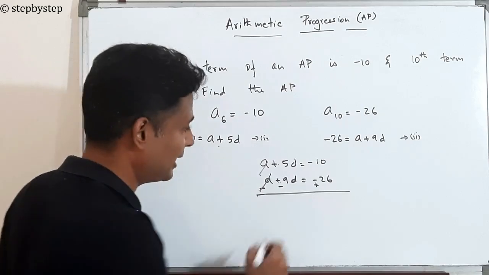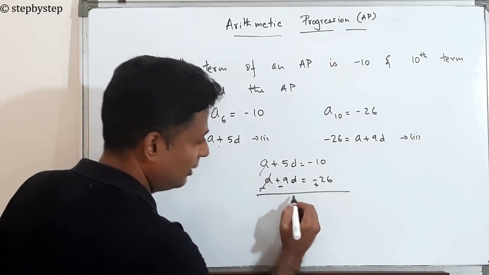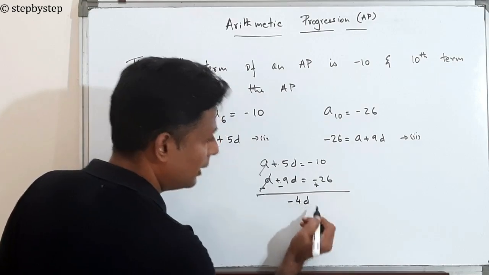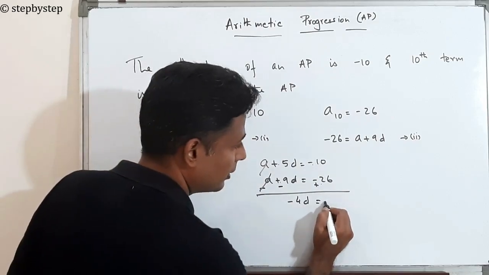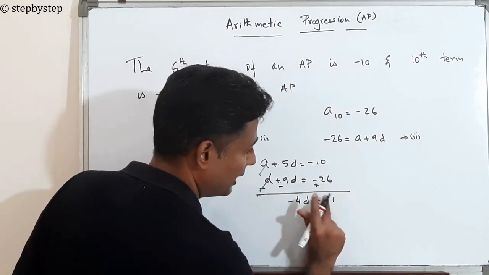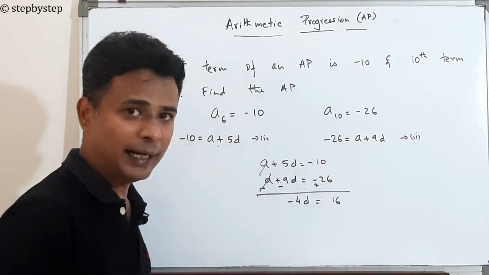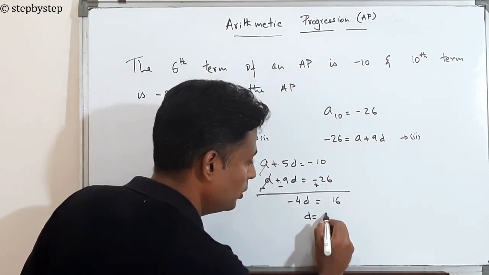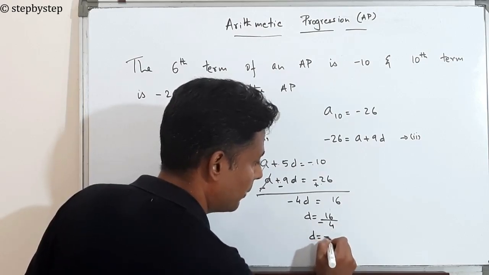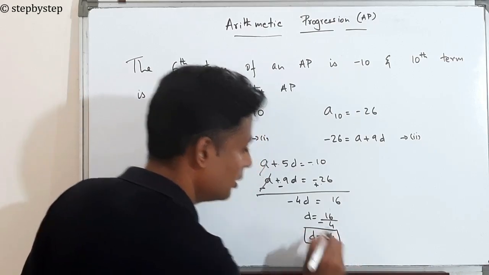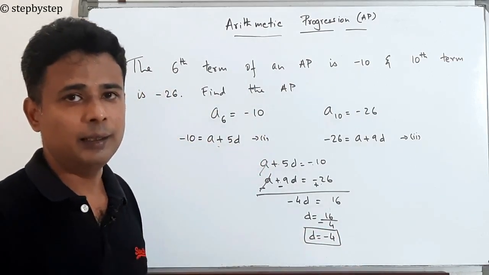A and minus A will cancel. 5 minus 9 is minus 4D equal to minus 10 plus 26, plus 16, right? So what will D be equal to? 16 by minus 4. So D is minus 4. So we got the value of D.